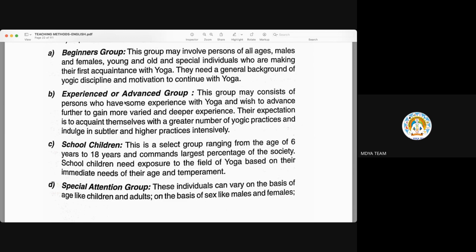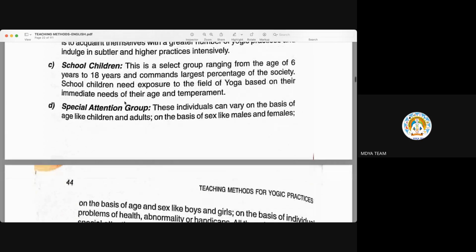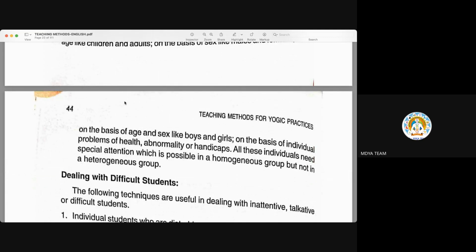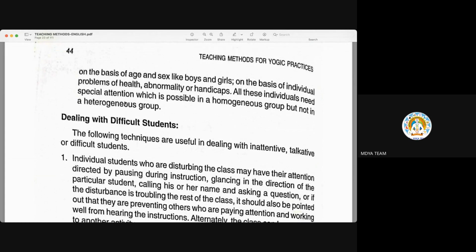Then the fourth category, the special attention group. Some may be adults or children, and they may vary by sex, males and females. But apart from that, there is a certain group of people or persons or maybe children who are having some problem, some individual health problem, maybe physical, maybe some mental issues, in any age group.